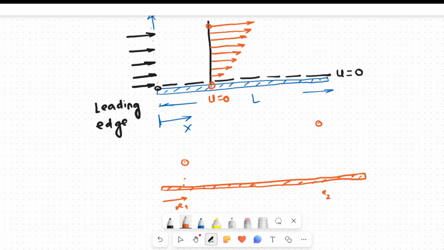So for different values of x, we find out the values of y where the velocity will be equal to the free stream velocity, and we draw a curve, or a profile, connecting all those points, and this profile is called the boundary layer.